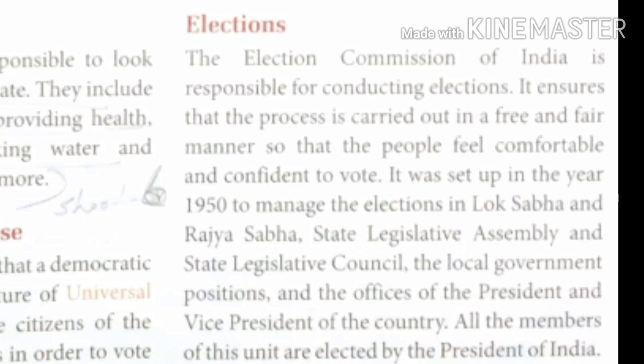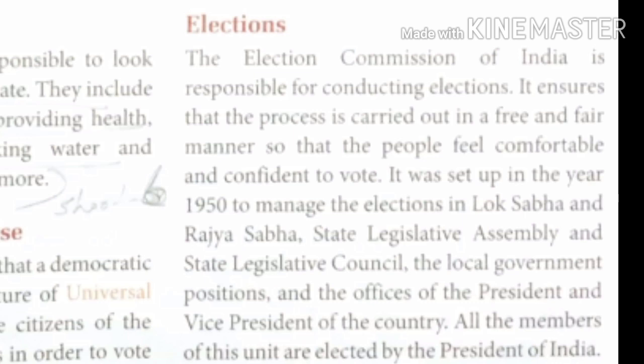As I told you, powers are divided in our country at different levels. So elections are also conducted at different levels. It is the duty of the Election Commission to conduct a free and fair election in the country, so that people feel comfortable and confident to vote, means they cast their vote for whoever they want to choose as their representative.